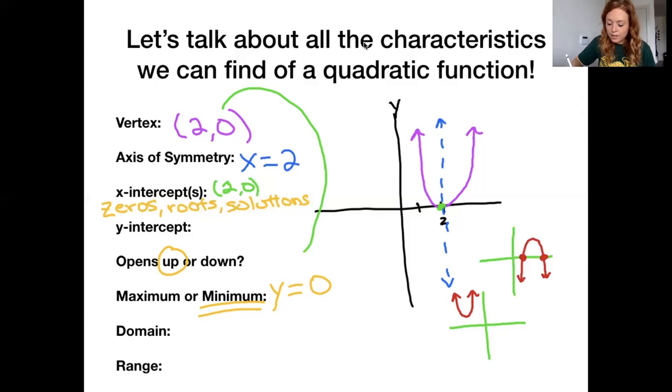Then we can also find our domain and range. If we remember, domain is all of our x values. So we can say how far left, how far right. How far left did we go? Well, for the domain of any parabola, unless it's a word problem or they give you a chunk of a graph that has endpoints on it, it's going to go forever left because it has an arrow here, and forever right because of an arrow there.